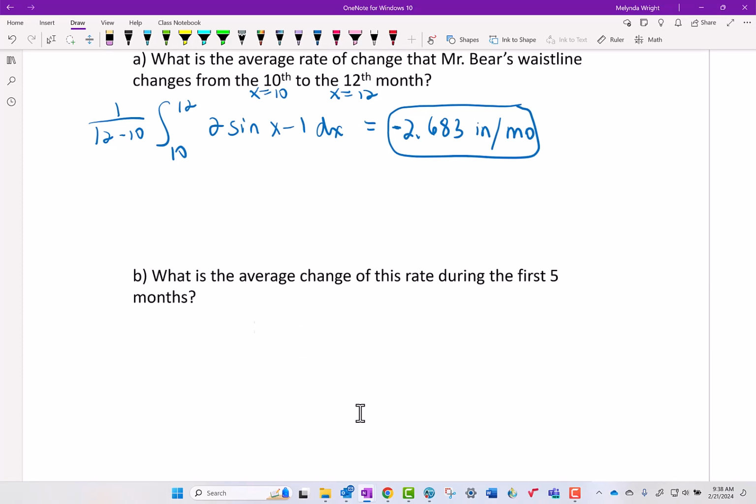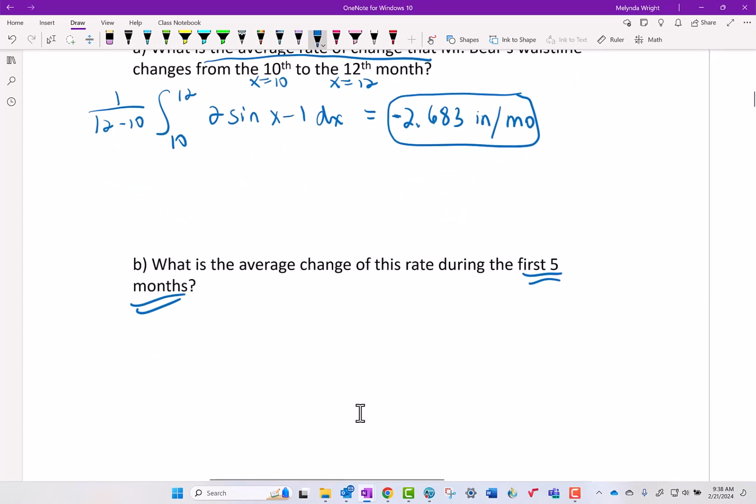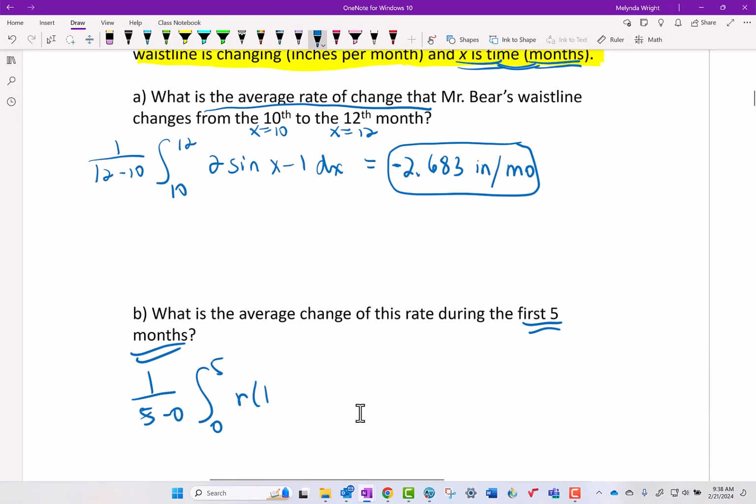So let's read this again. What is the average change of this rate? It is still the same formula, but with the first 5 months. So 1 over 5 minus 0, integral 0 to 5 of r of x dx.